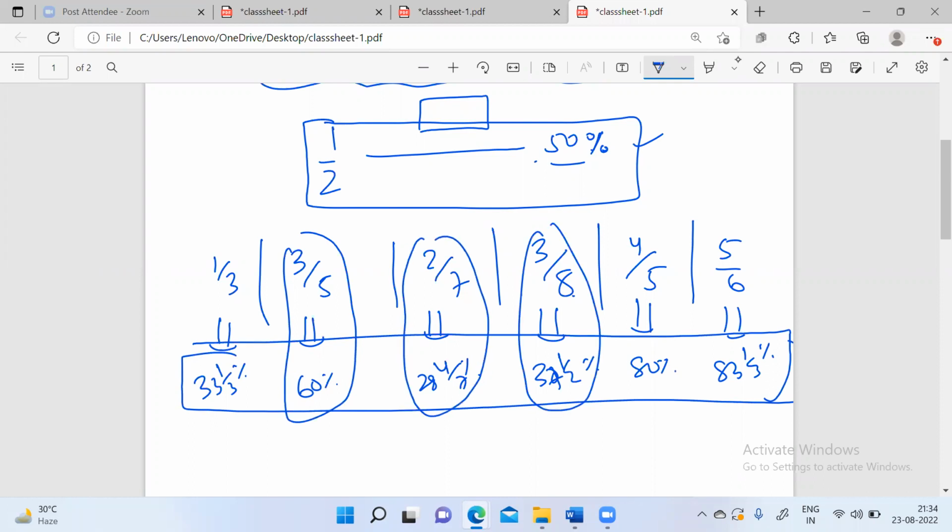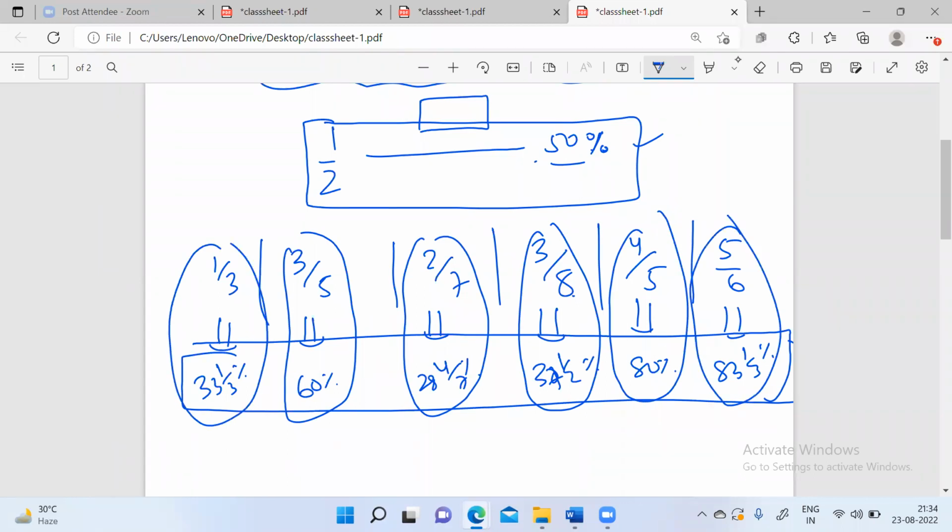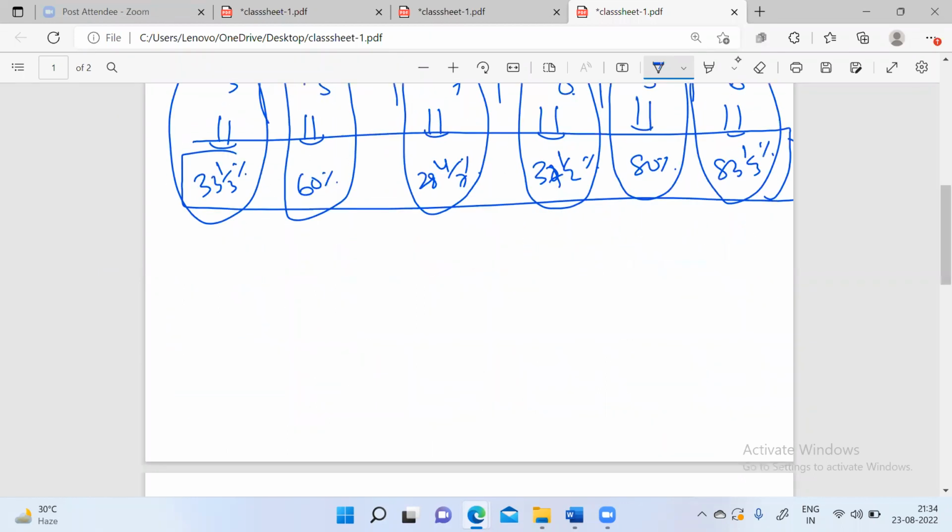So to make it easier for you, you will do an exercise where you create a table of percentages for all the basic fractions. Like if it's half, you write 50%. If it is 2/2, then of course it will be 100%.